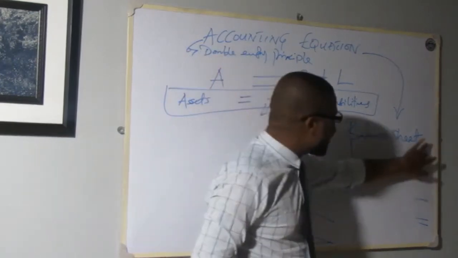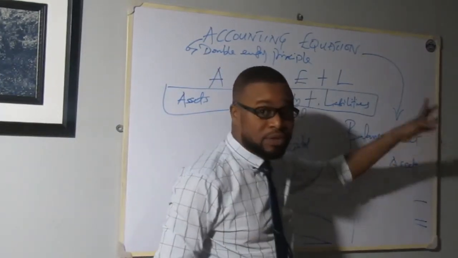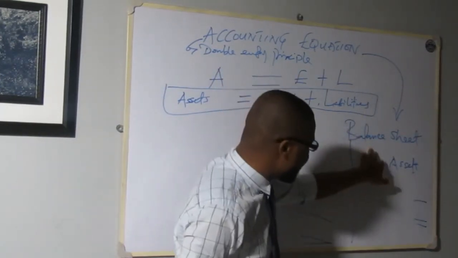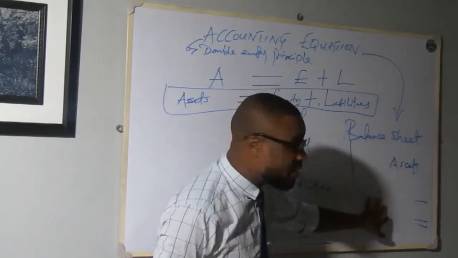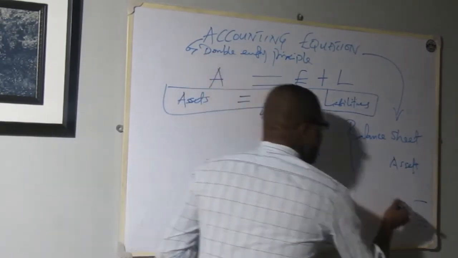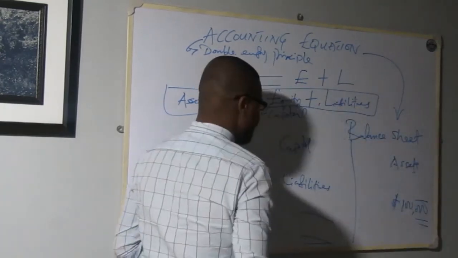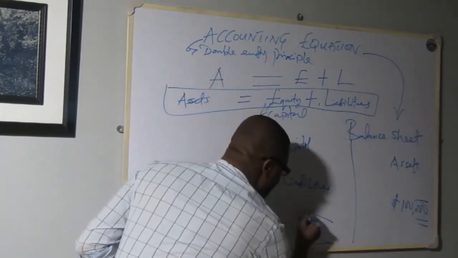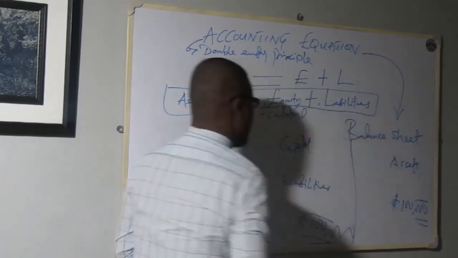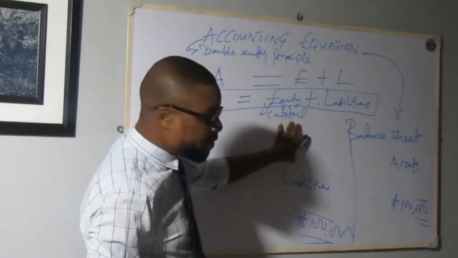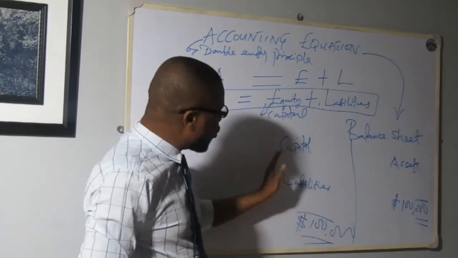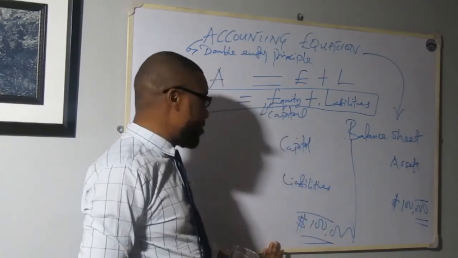Now, when you say assets, you can talk about numerous examples of assets in the business, which you get to list down here: the fixed assets, the current assets, the lease. So the total you get here, let's say you have $100,000 here, must also be $100,000 here. So in this case, you have your capital, your equity in the business, plus all the liabilities, the debt that the business is owing.